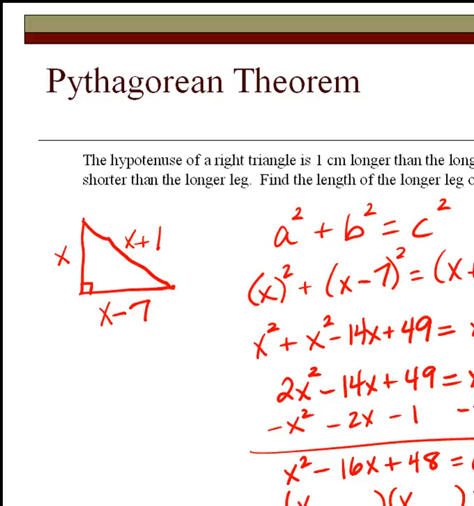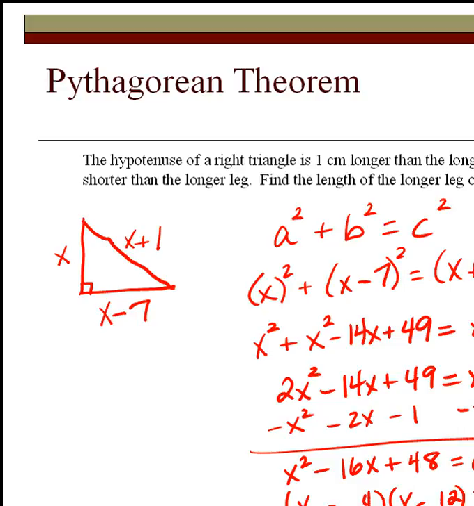Well, 4 and 12 have a sum of 16, so we would put those numbers here. And since we have the sum here, we have the same signs, both of them being negative. So that tells us that x minus 4 is equal to 0, or x minus 12 is equal to 0. So our possible answers are 4 or 12.